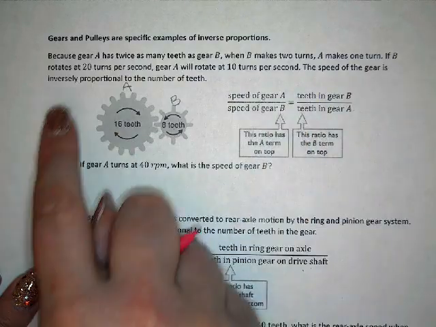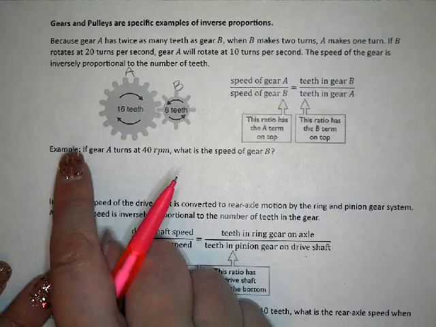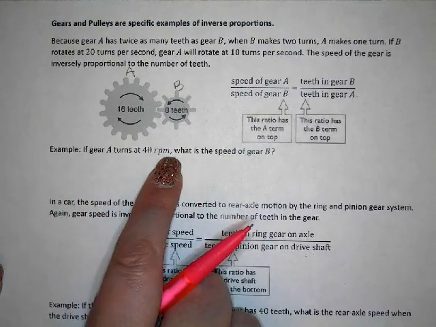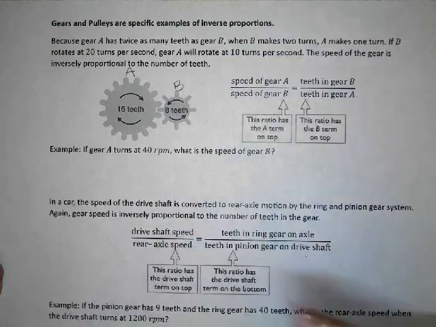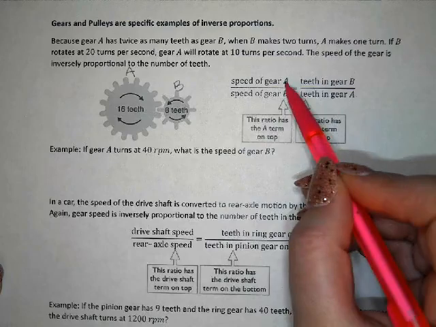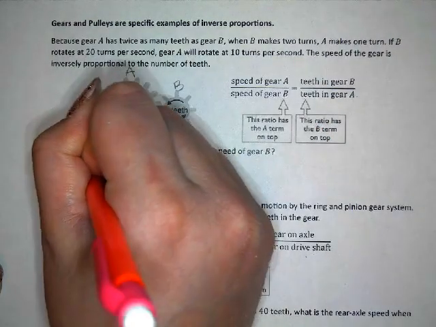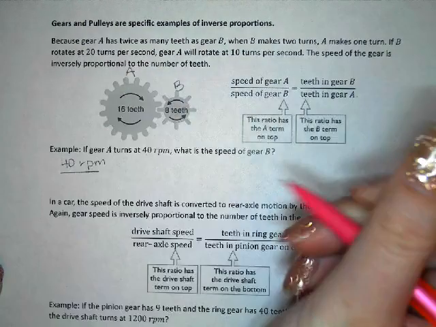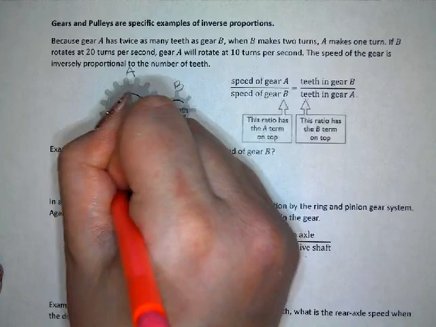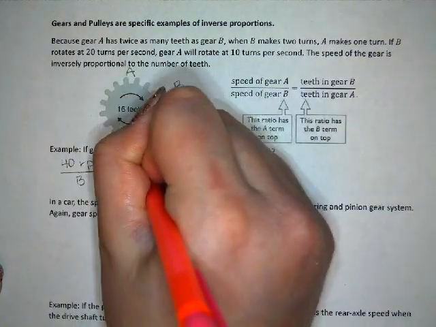So for example, if gear A turns at 40 rotations per minute, what is the speed of gear B? So we're going to say 40 rotations per minute for gear A, so 40 RPM. Then the speed for gear B is what we're solving for. And then the teeth for gear B is 8 teeth. The teeth for gear A is 16 teeth.